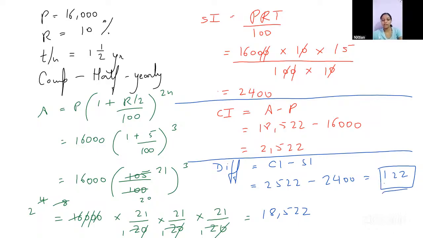Now I'll give you one question to try out. One minute. Okay, try this out. Principal is 12,000. Rate is 20%.